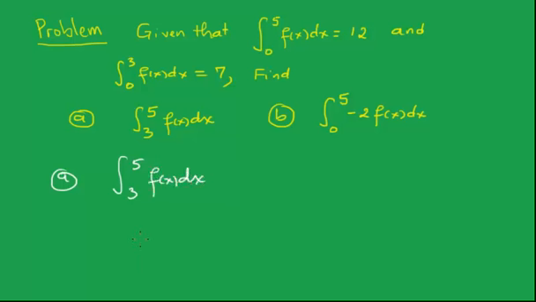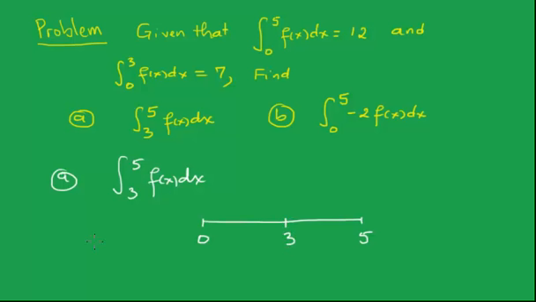Now, in this problem, we have these numbers 0, 5, and 3. So let's label them on a real number line, just the interval that is of interest to us. So what we are going to have here would be 0, 5, and 3 somewhere here.